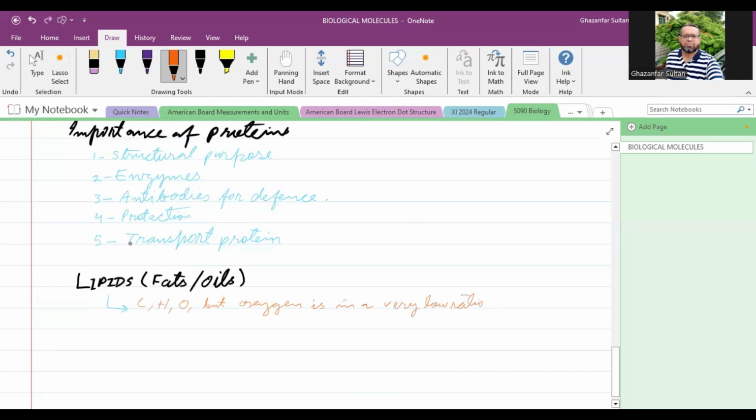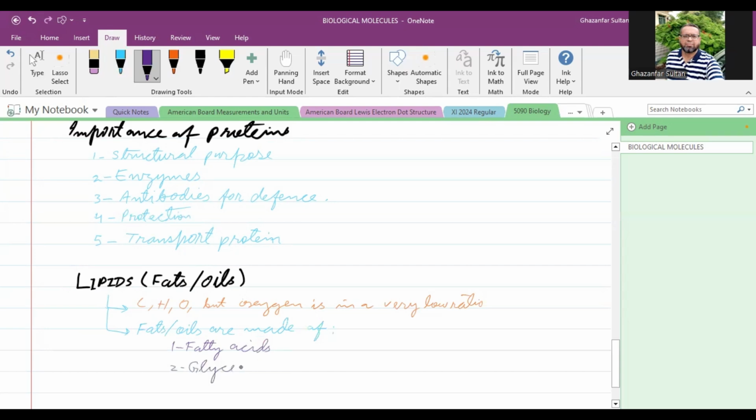And what are the materials from which lipids are made? I'm talking about fats and oils. Fats and oils are made of number one, fatty acids, and number two, glycerol.